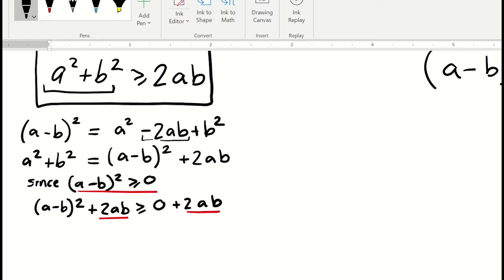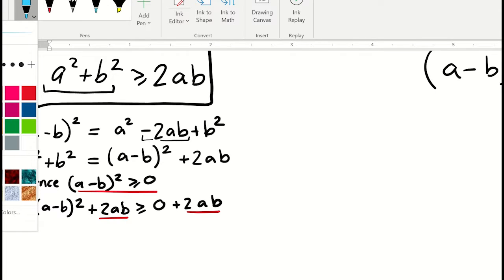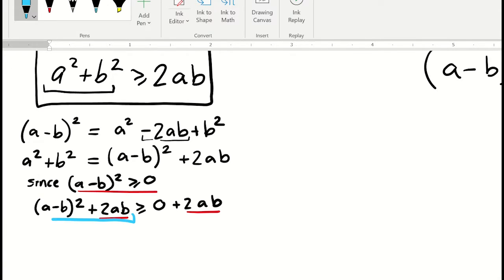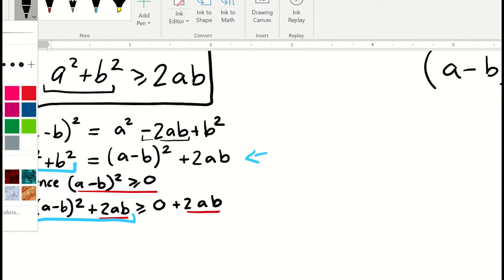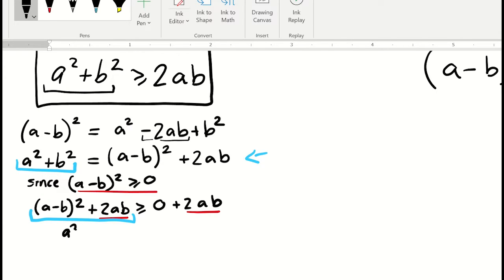You can plus something on both sides and the inequality still stands. So now I know that this term here is equal to a squared plus b squared, because that's what this line here says. So therefore, that just means that a squared plus b squared is going to be greater than or equal to 2ab. And there's my proof.